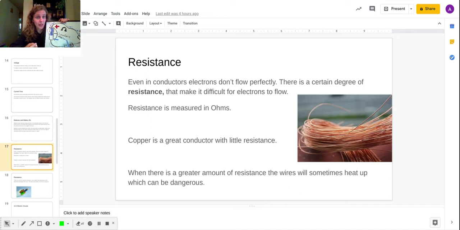Copper is something we use very commonly for wires because it has little resistance. It allows things to go really easily. It allows the little electrons to move, bump into each other, and push each other forward really fast. But if there's a greater amount of resistance, there's a greater amount of friction of sorts, and that can cause wires and other things to heat up.